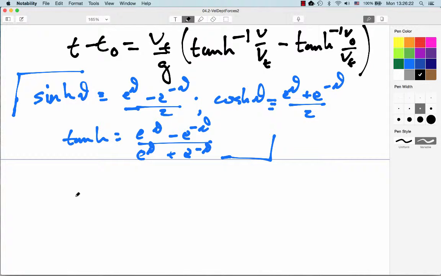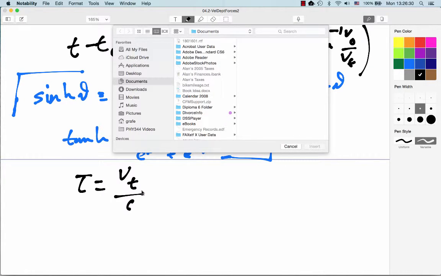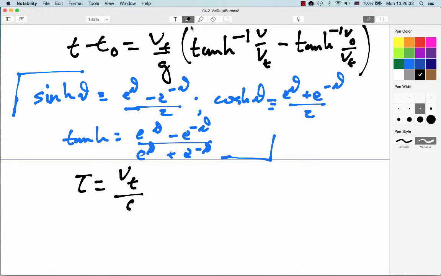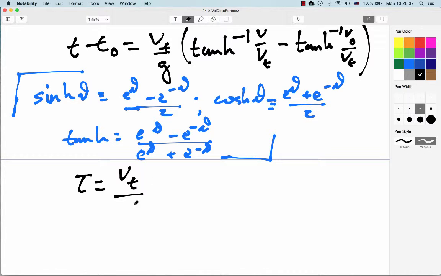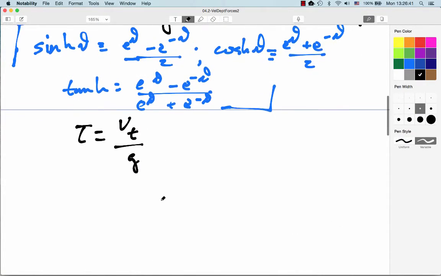And the first trick was to say that the characteristic time, like before, is Vt over g.